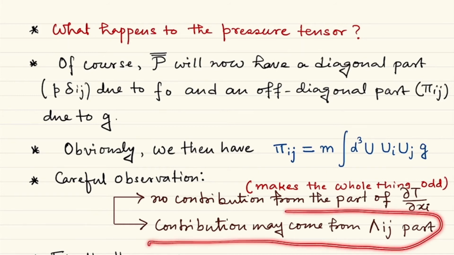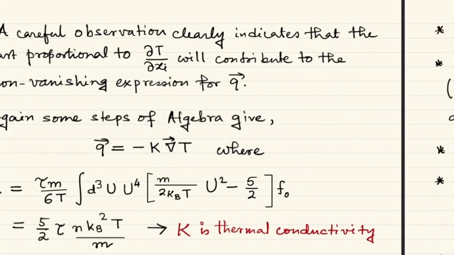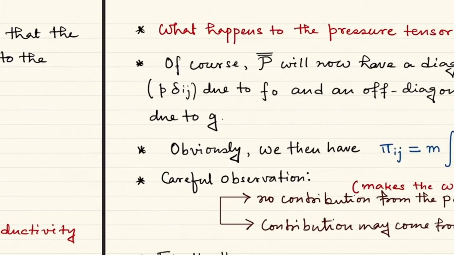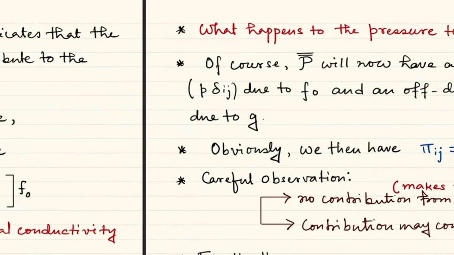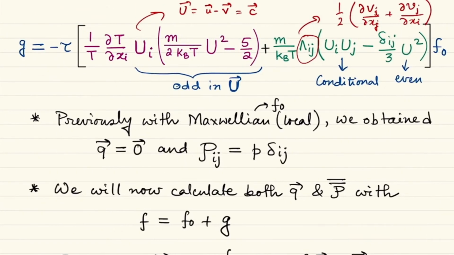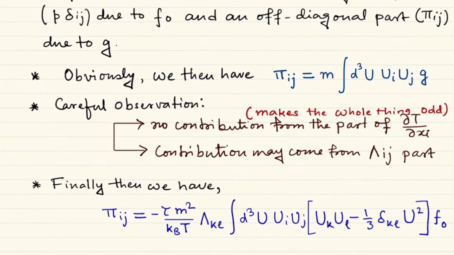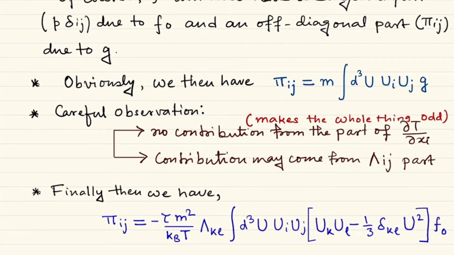Contribution now may come from this part, lambda ij. In the lambda ij part, when this is even, this part can contribute when you have i equal to j, and this part can also contribute when i not equal to j, but ij is exactly equal to this ij, so that ui uj is now paired with ui uj, gives you ui squared uj squared. So conditionally even multiplied with conditionally even makes it globally even.